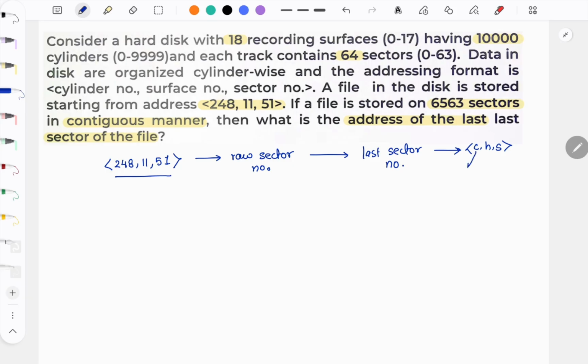These are the notations. This represents cylinder number, this represents surface number, and this is sector number.